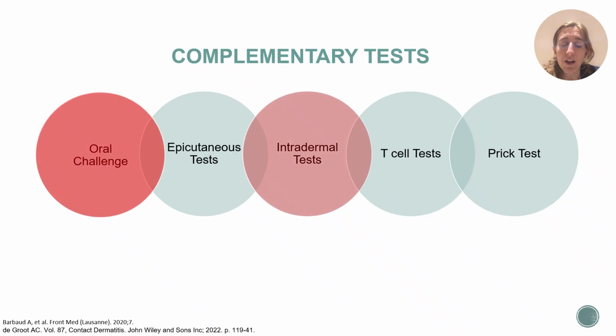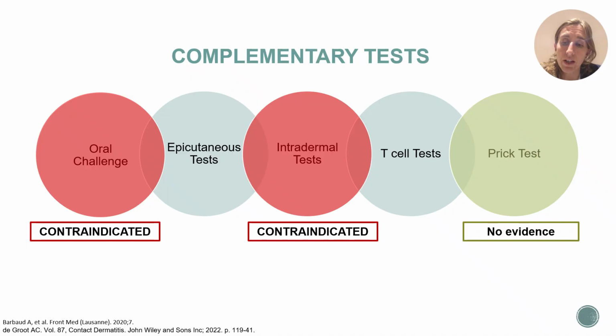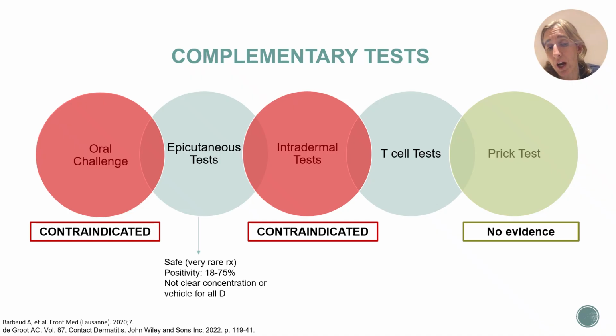But if we are strict, oral challenge and intradermal tests are contraindicated, and for prick test, there is no huge evidence. So after all, we go for epicutaneous test and T-cell test. There is not a perfect one that fits all, but epicutaneous tests are considered safe. There are very rare reactions reported with epicutaneous tests, although they exist, of course.